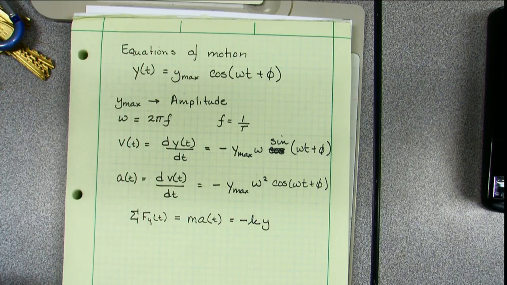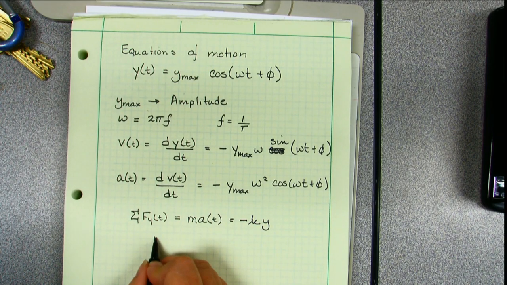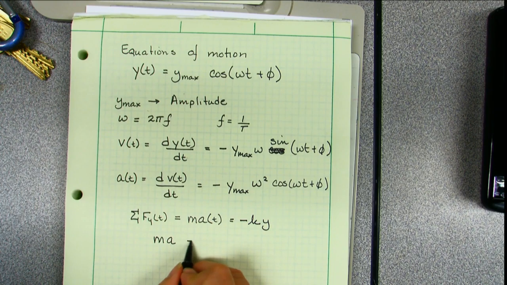Now you're also going to understand why they want you to choose the cosine function rather than the sine function. Because if I rewrite this, I get ma is equal to minus ky.